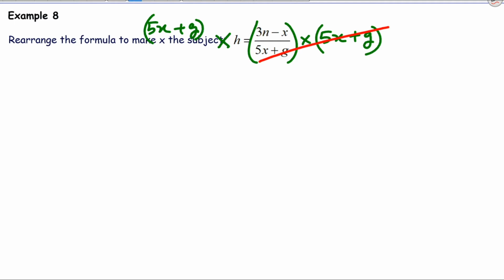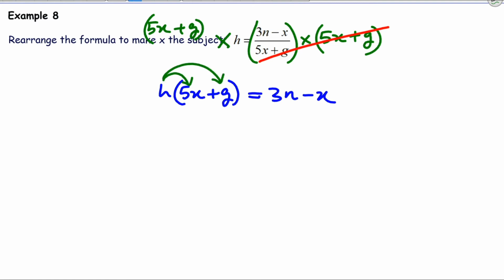So on the left hand side, we have h into 5x plus g is equal to 3n minus x. And we can go ahead and multiply these guys out. What we shall end up with is 5hx plus gh is equals to 3n minus x.